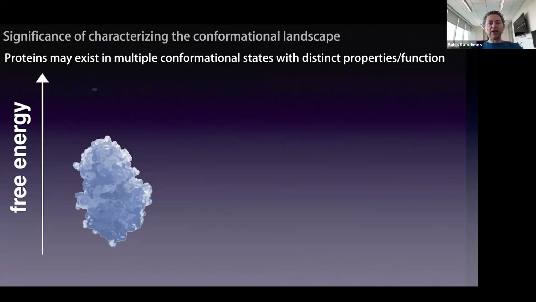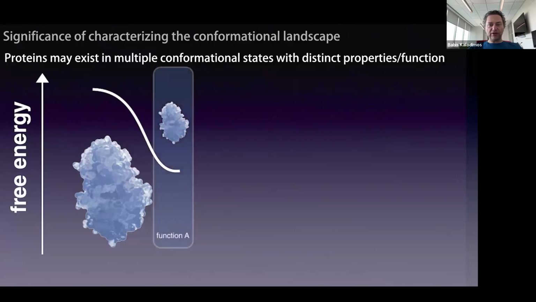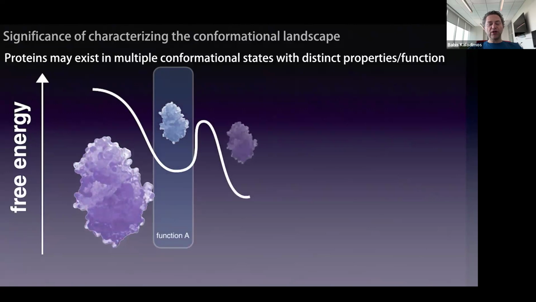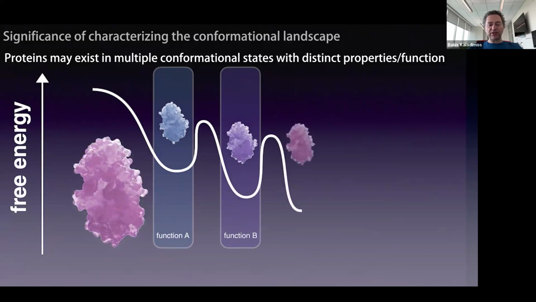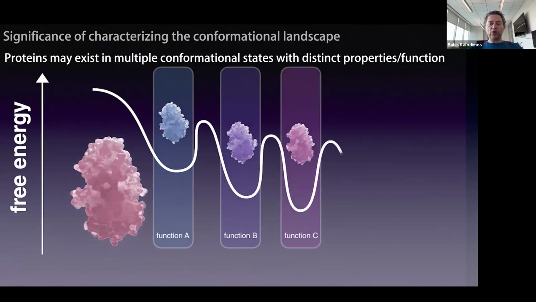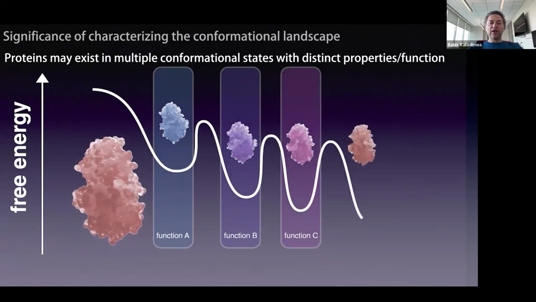These proteins exist in multiple conformational states, and each one of these states may be associated with a very different property or function. So one conformational state may be related to a certain outcome, then a different state related to a different one, and so you have all these multiple conformational states.